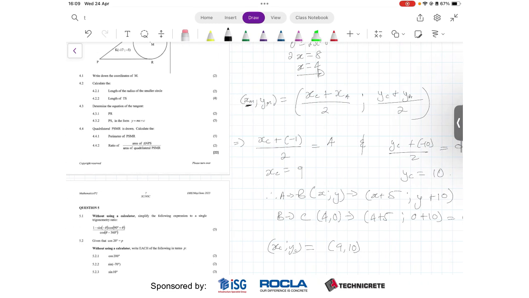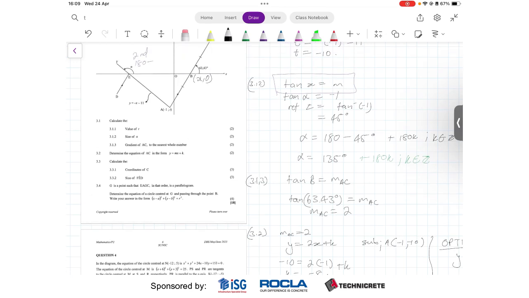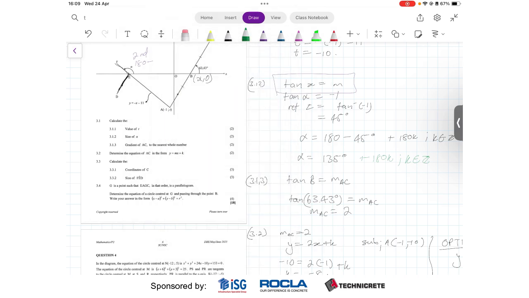Wonderful. And now question 3.3.2. We are to calculate the size of angle FED. This angle right here, we're going to name it theta.